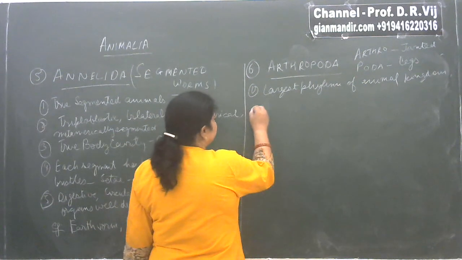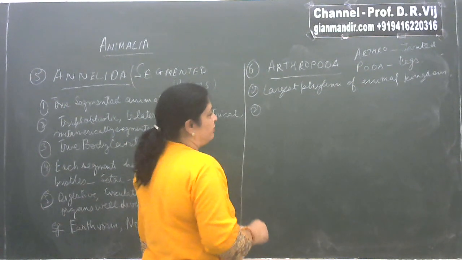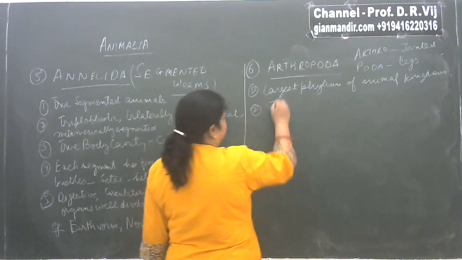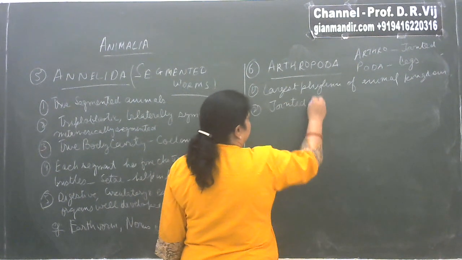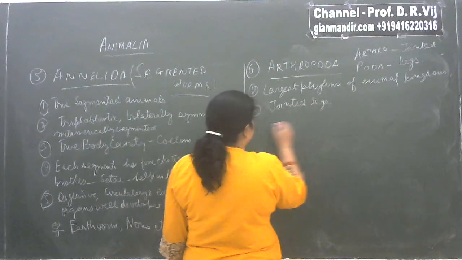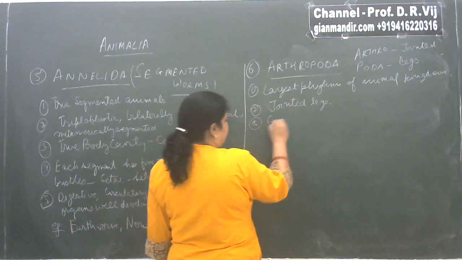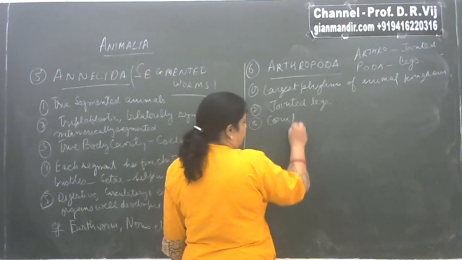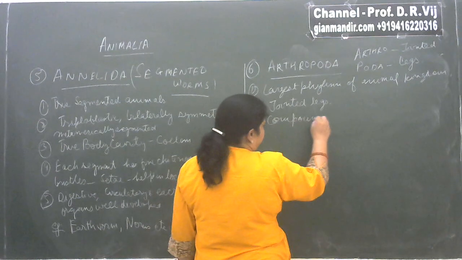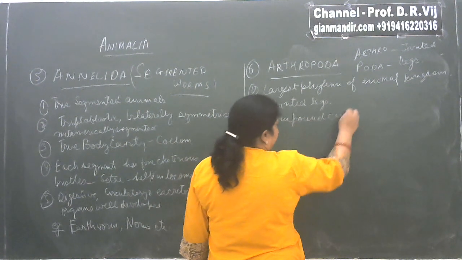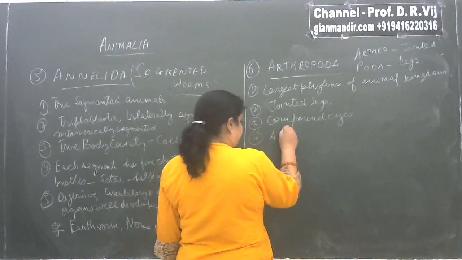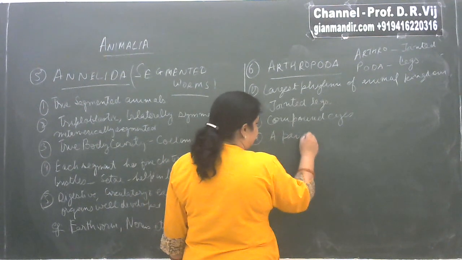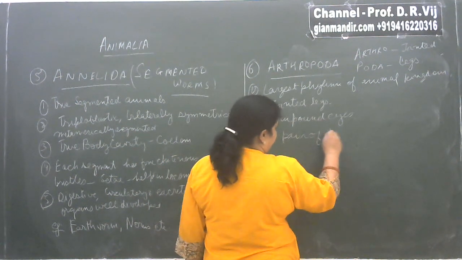If you look at the other features of phylum Arthropoda, they have jointed legs, compound eyes, and a pair of antennae.